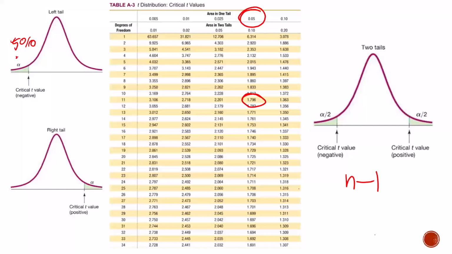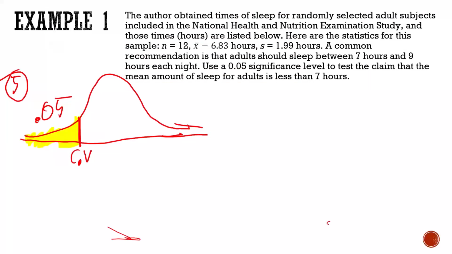Okay, so that's my critical value, so I'm going to write that down, although it's not exactly my critical value. The number that I got from my table, it said t critical was negative 1.7.